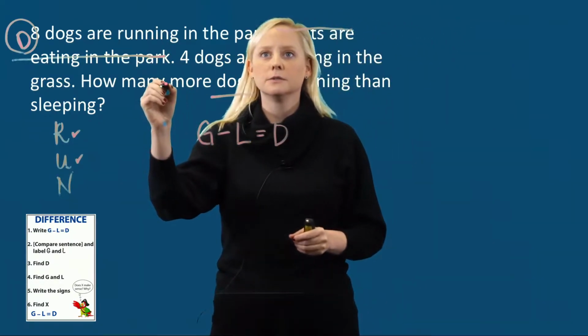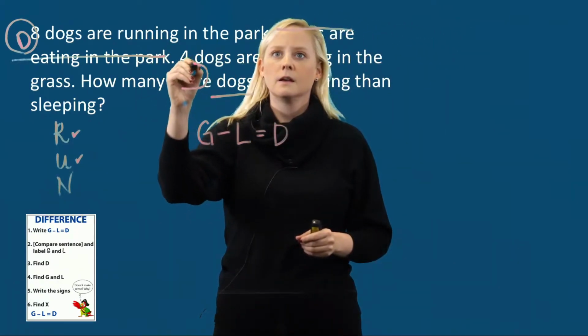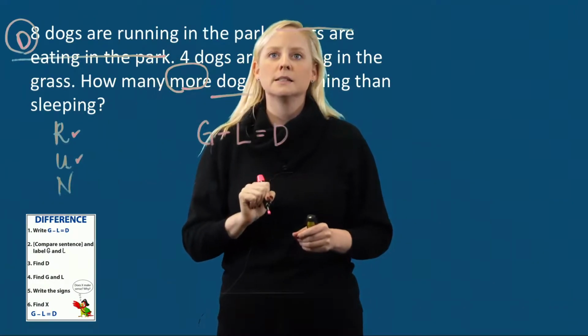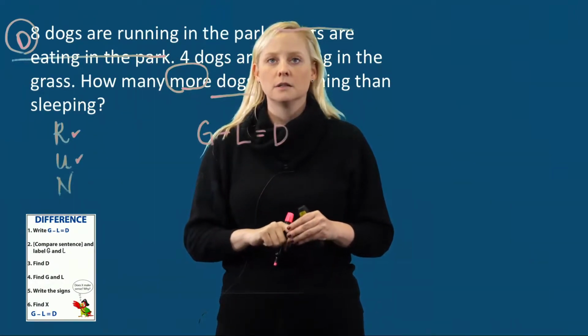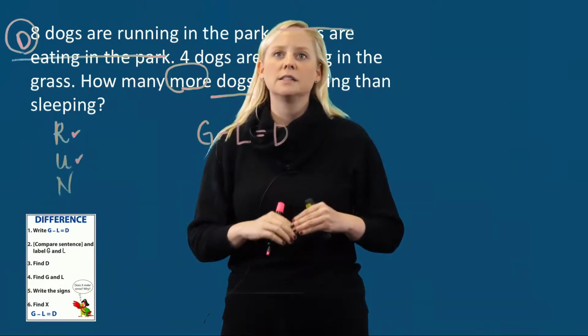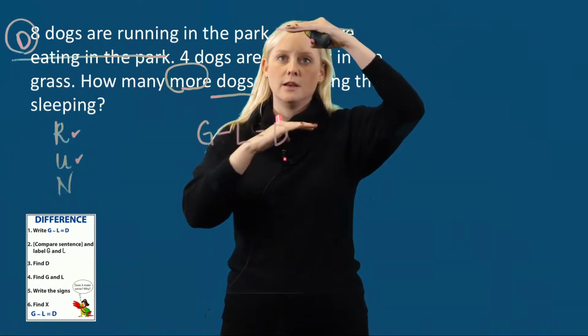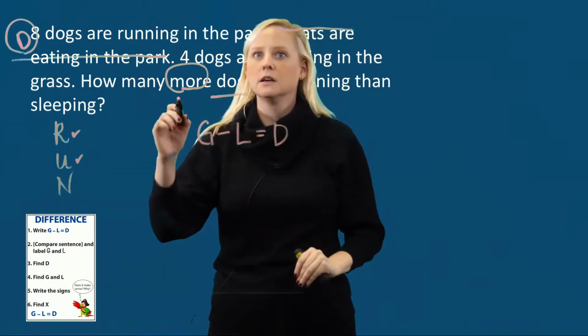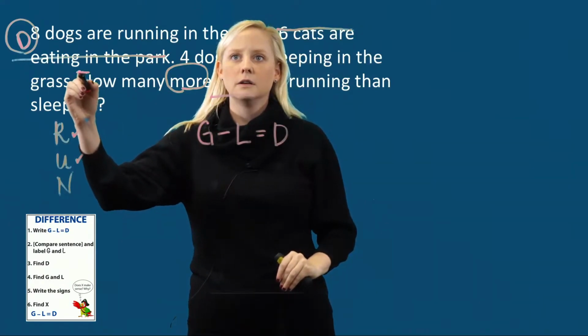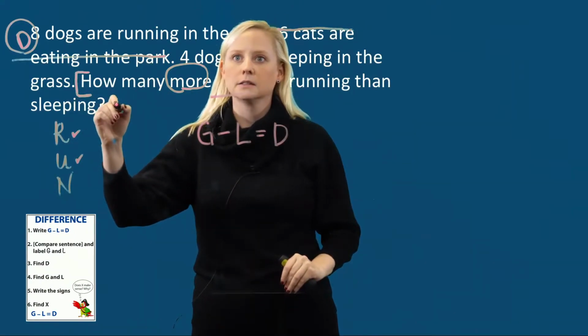So what I'm going to do is circle more because I know that that's my compare word. And the compare word is the word that's telling us that there's an amount that's greater and there's an amount that's less. So what I'm going to do now is bracket my compare sentence.